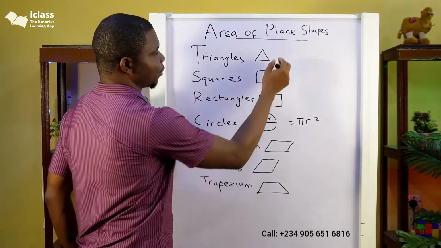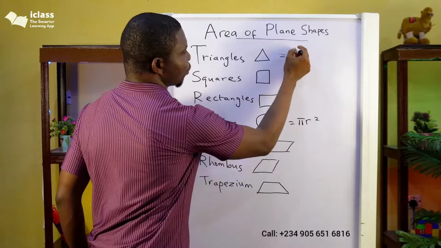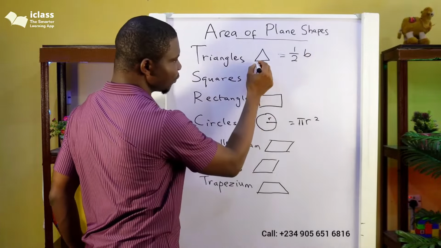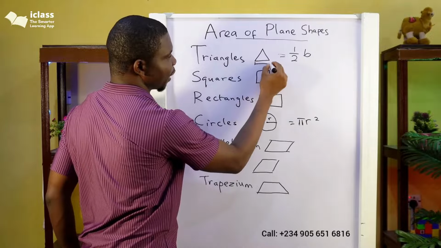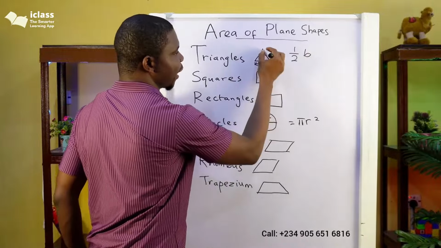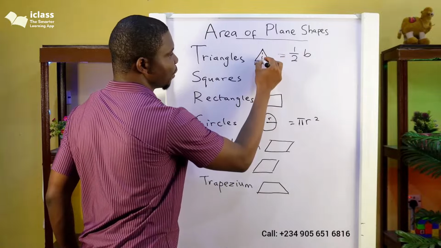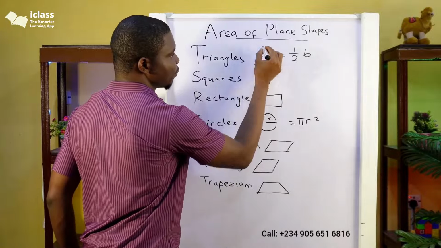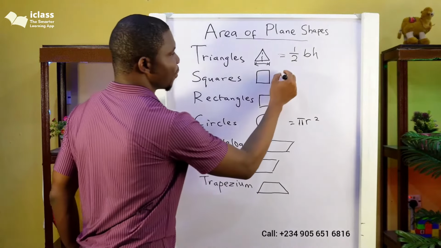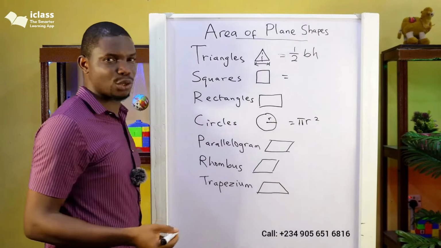What about triangle? The area of a triangle, the formula is half times the base. The base would be from here to here, right? So this would be the base. Then times the height. The height of this will be from this to the vertex here. Half base times height. How about a square? The area of a square.